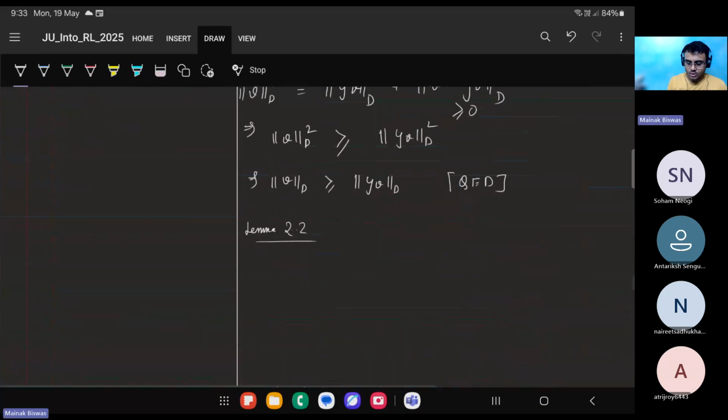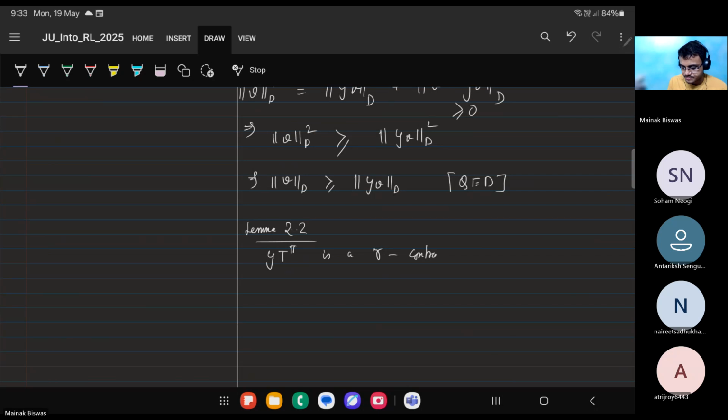Okay, so now we are told to show that G T pi is a gamma contraction with respect to the D norm. Now tell me, how will I do this? Any ideas? First of all, tell me, what is G T pi of a vector V?